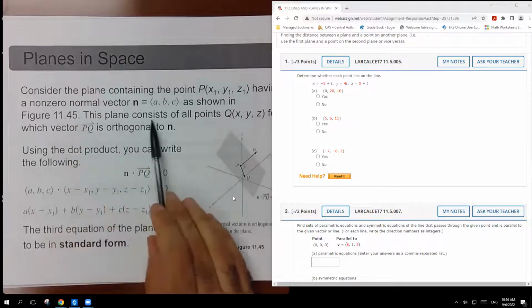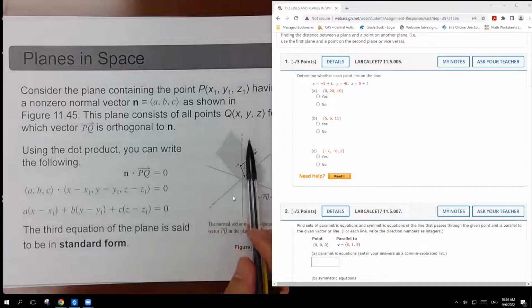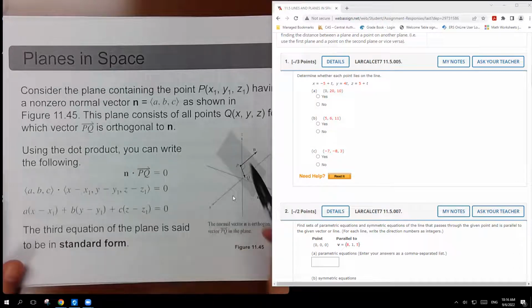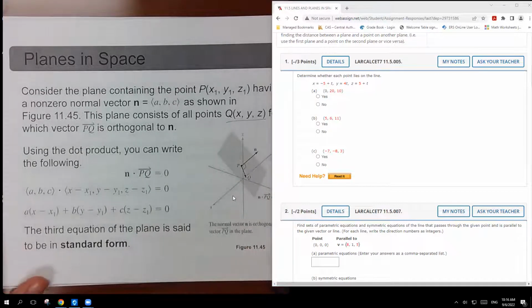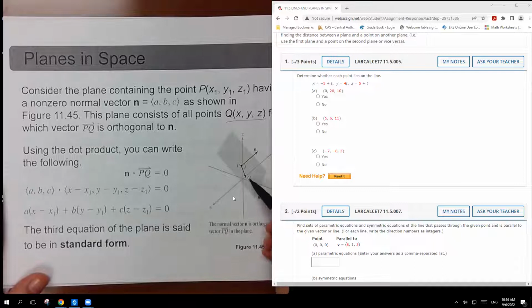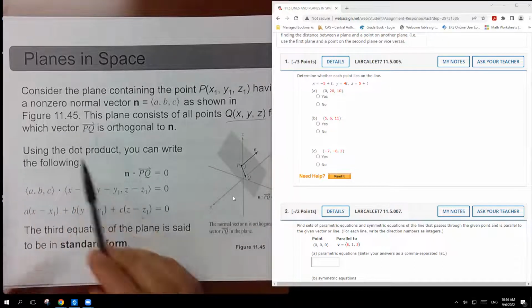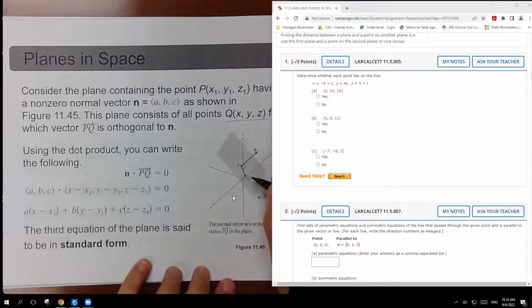The plane consists of all points on this plane with the point P. So now we're going to choose a random point Q, which is also a point on the plane, for which the vector PQ, here's the point P, and here's the point Q on the plane.